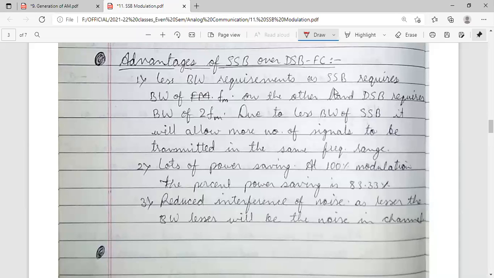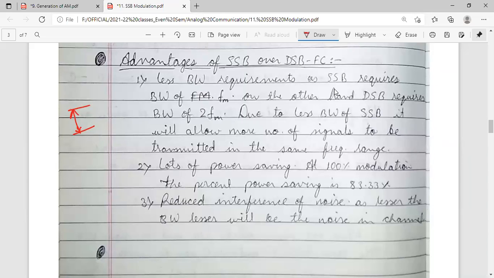If the bandwidth of a signal is less, then it will acquire less space in the channel, because our constraint is the frequency band. We have a limited frequency band which is used for communication purposes. So we want any signal to occupy the minimum frequency band, so that we can transmit more than one signal using the same channel or the same band of frequencies.